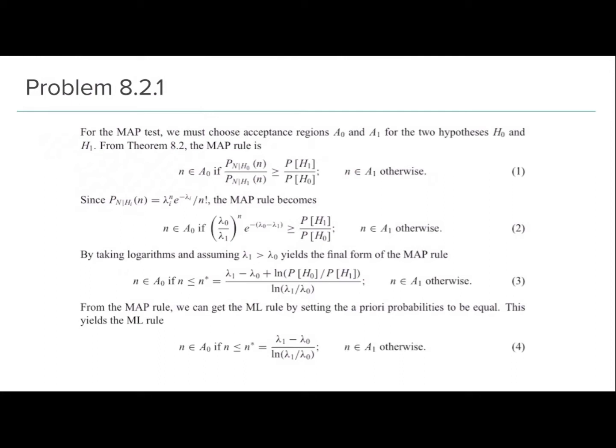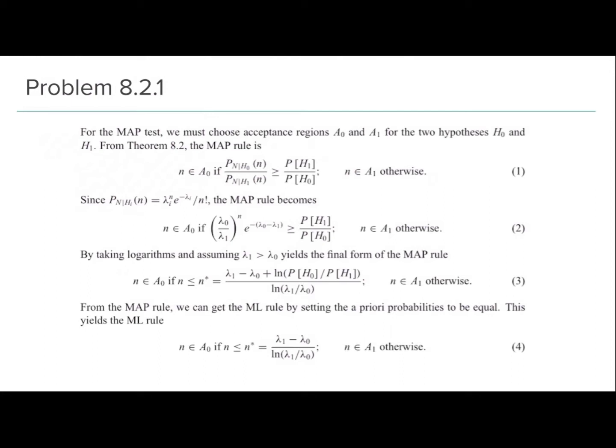Now we can take log base e on both sides, so we get n times ln of lambda naught by lambda 1, minus (lambda naught minus lambda 1), is greater than or equal to ln of P of H1 divided by P of H0.